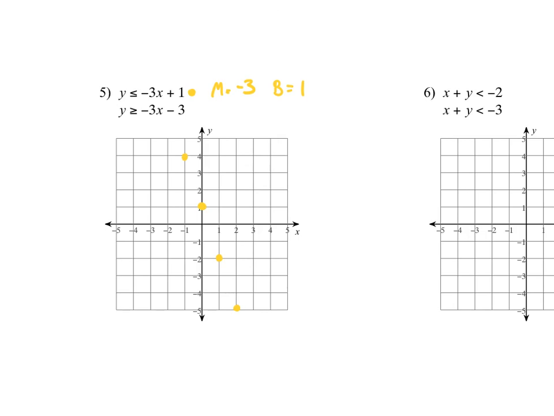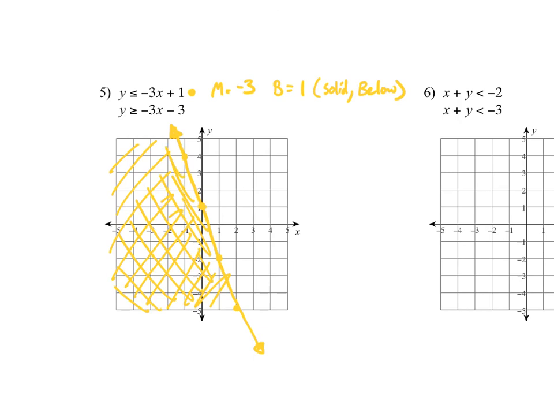All right, that is going to be a solid line. So as you go here to connect it, okay, there's your solid line. And then as you look, it says y is less than, so you want to shade below. All right, so there's all the yellow. Okay, then you do your blue.